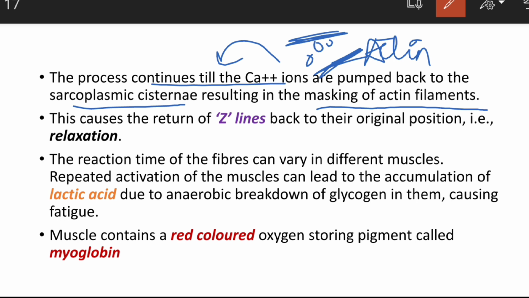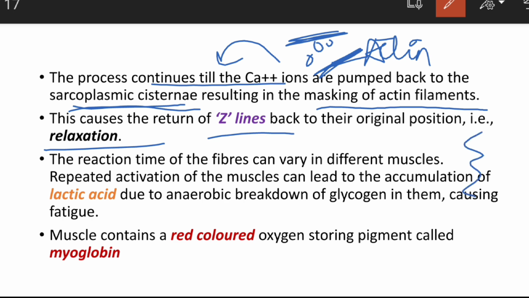Again there is masking of the active sites of the actin by the troponin. This causes a return of the Z line back to its original position, that is called relaxation from contraction.